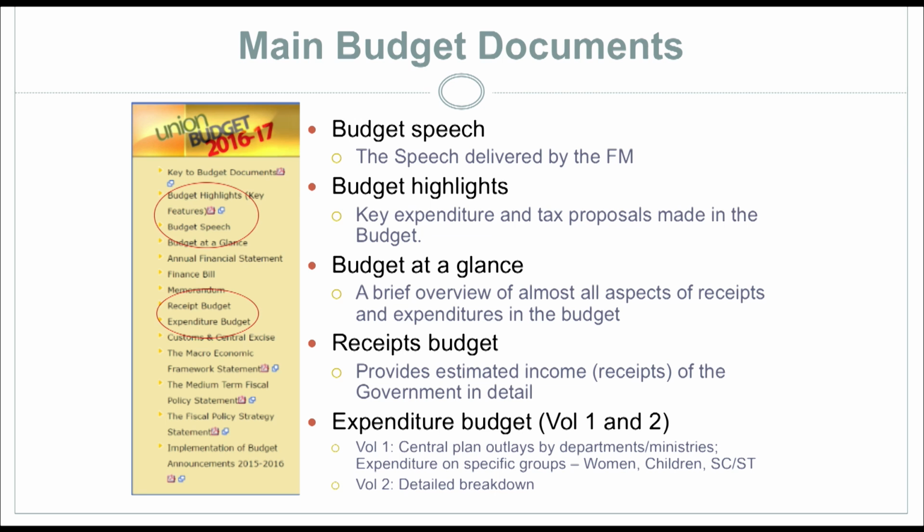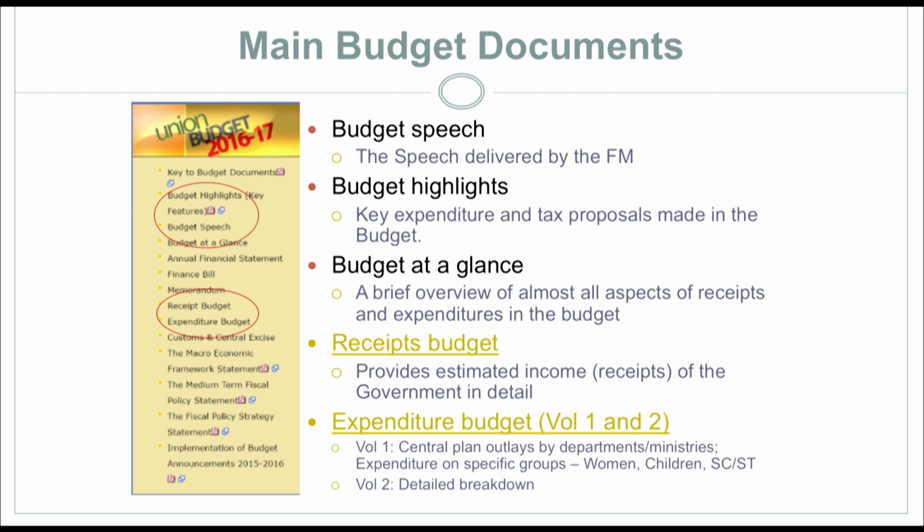The third important document is Budget at a Glance, which gives a brief overview of almost all aspects of receipts and expenditures given in the budget. The last 2, the receipt budget and expenditure budget, are the most important documents. The receipt budget provides an estimated income or receipts of the government in detail, while the expenditure budget has a host of information given in its 2 volumes.